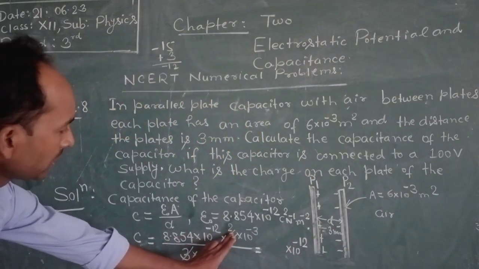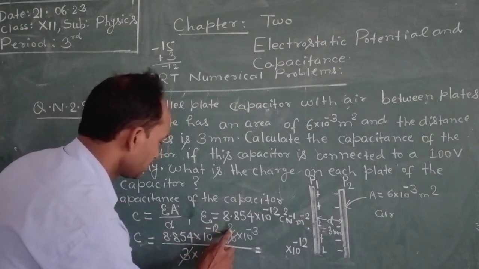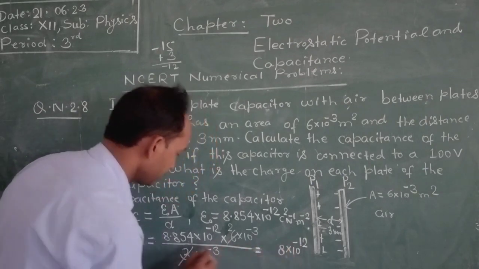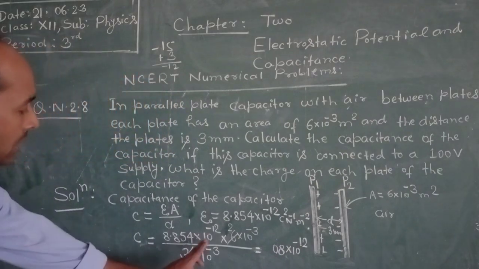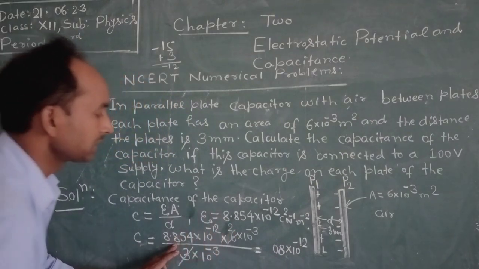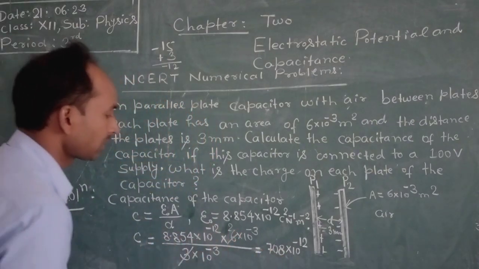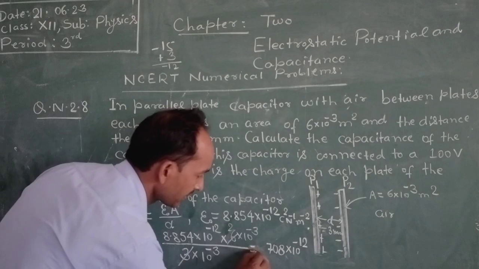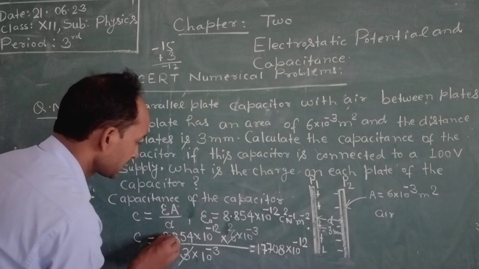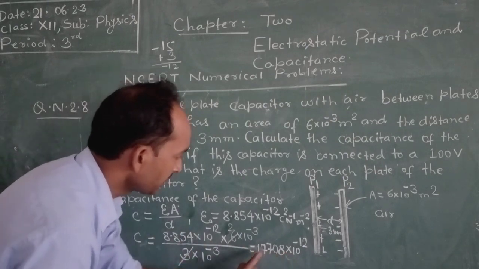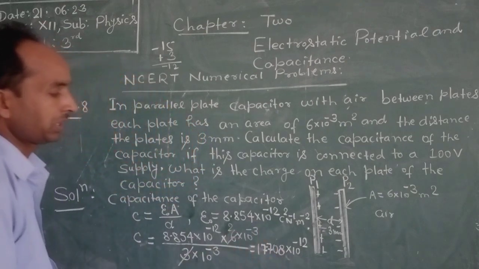And when 8.854 is multiplied by 2, what comes? 2 into 4, 8. 5 into 2, 10, 0 carry 1. 8 into 2, 16, plus 1, 17. The decimal point goes just before 3 digits, that is 17.708.